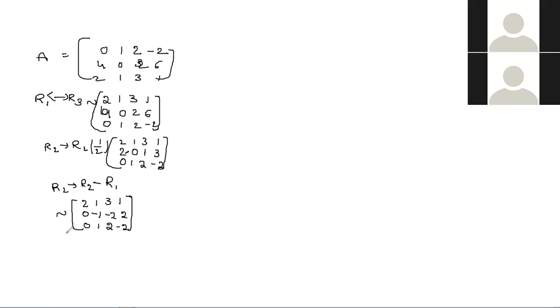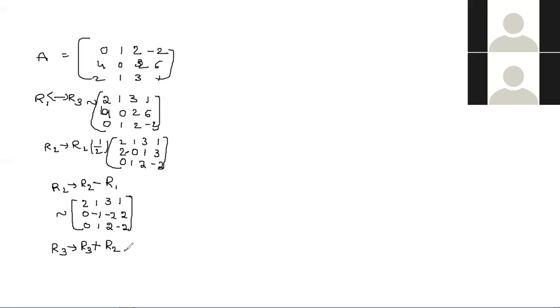Now we said we need to make these three elements zeros. Before that, can we make this directly 0? Like this also we can do it. If you observe r3 and r2, with opposite signs, we can write r3 plus r2.